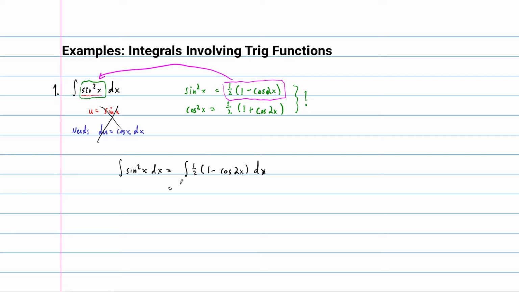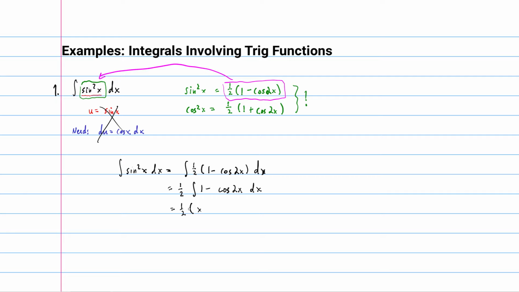So this 1/2 can come out, and then we can just do this in pieces. You can do individual antiderivatives when there's a plus or a minus sign in between. The first one's just going to give us x, so we've got 1/2 times x. And then we have a minus here.